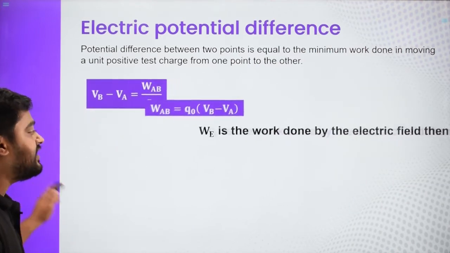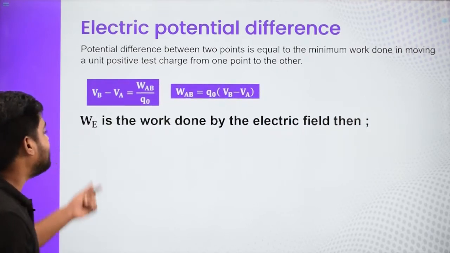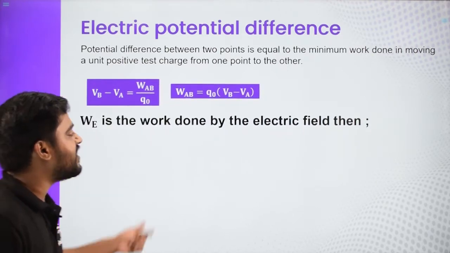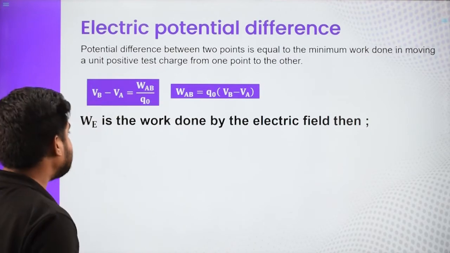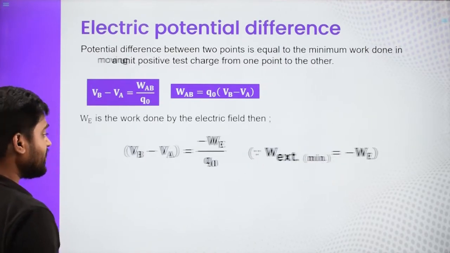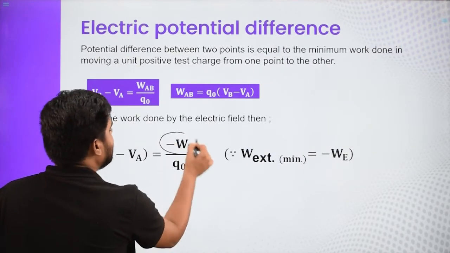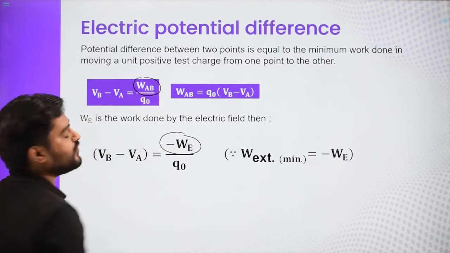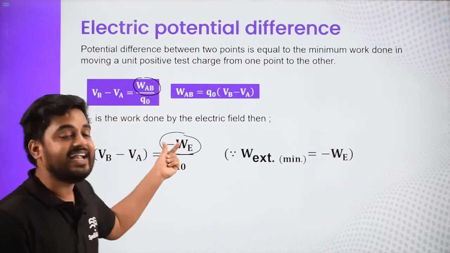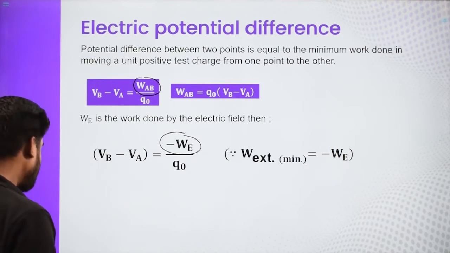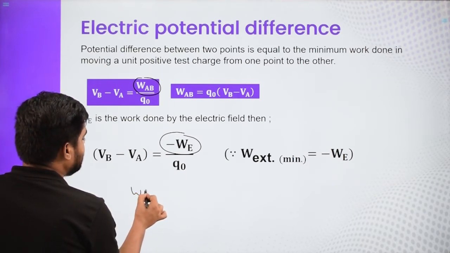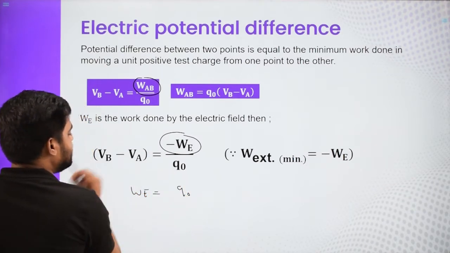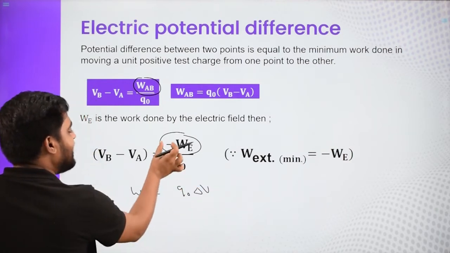Next, what if we are talking about the work done by the electric field? If W is the work done by the electric field, then basically the work done by the electric field is the negative of the work done by the external force. So instead of this, we write the negative of the work done by the field, and from there we get the work done by the electric field is Q naught delta V with a negative sign.